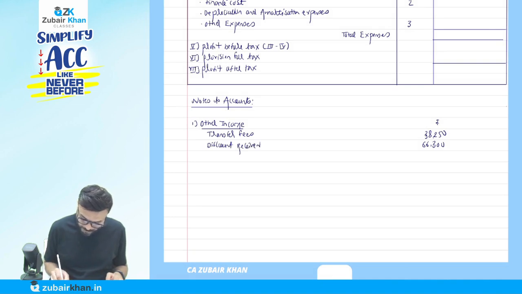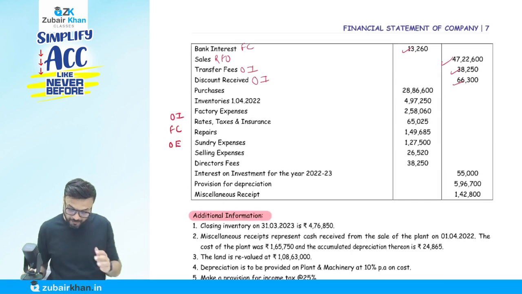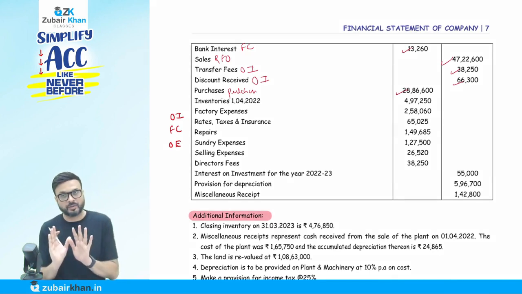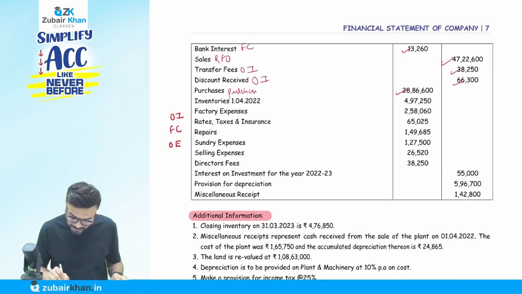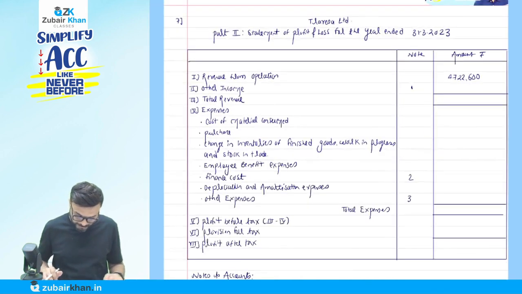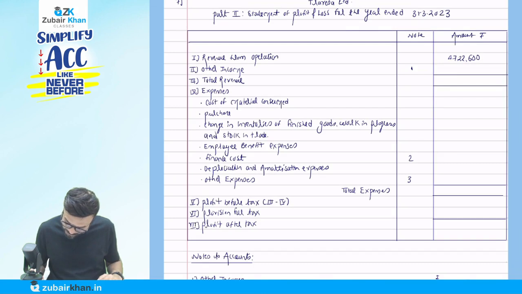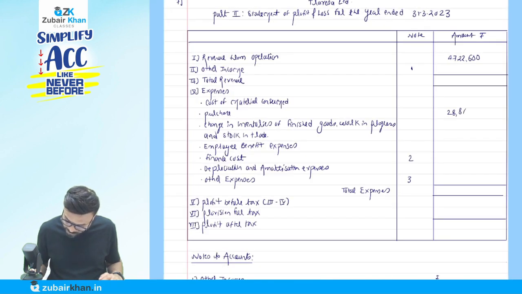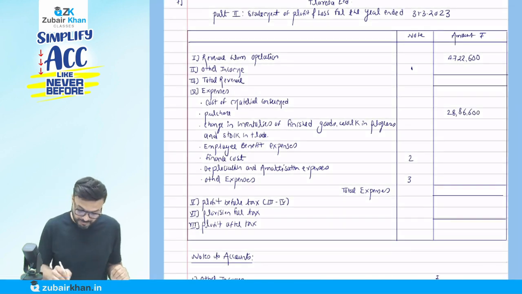Discount received. Okay, then we have purchase. Purchase will come in the P&L account, 28 lakh 86,600. Here they have not given an adjusted figure, but the normal figure, 28 lakh 86,600. So we'll write it down in the P&L, 28 lakh 86,600.